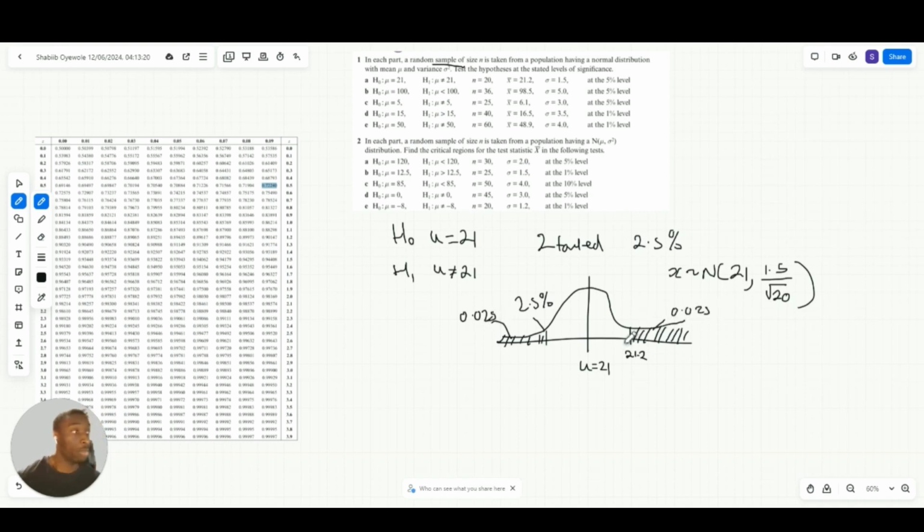Now because 21.2 is on the right-hand side of 21, we want to work out the probability on just one side of these tails. Now we can use tables or we can use a calculator. If I wanted to use my table, I would have my sample statistic, which is 21.2 minus 21, divided by the standard deviation, and this will give me an appropriate z-score.